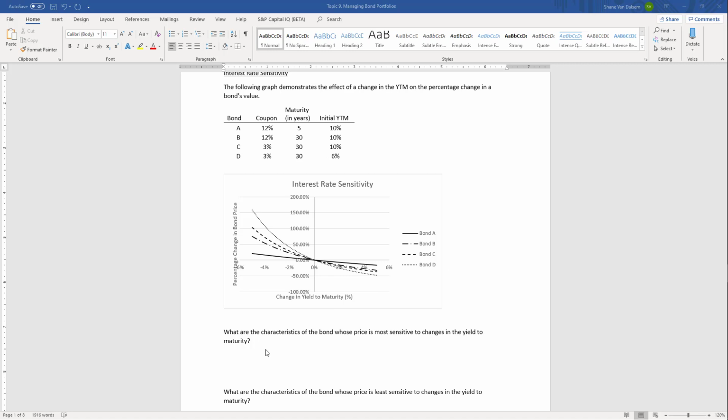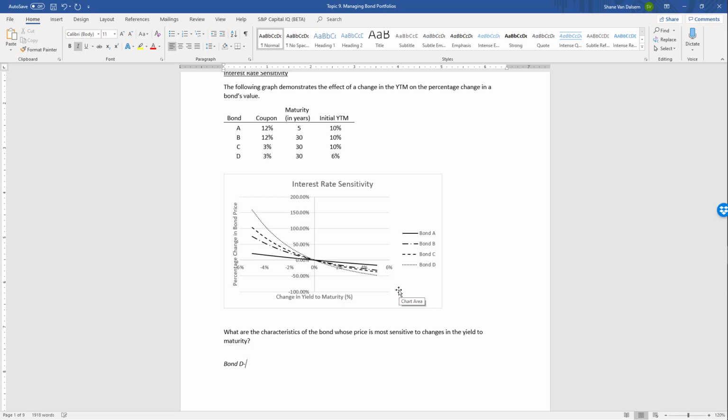So to answer our question, what are the characteristics of the bond whose price is most sensitive to changes in the yield to maturity? Well, first of all, it's bond D. So what are its characteristics?